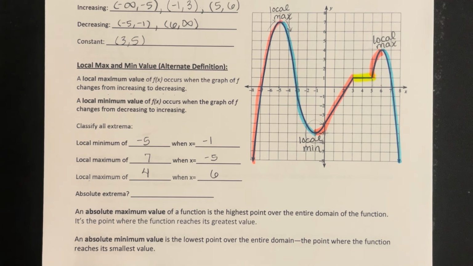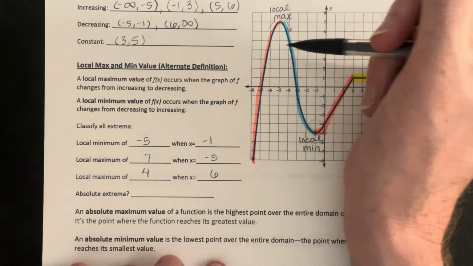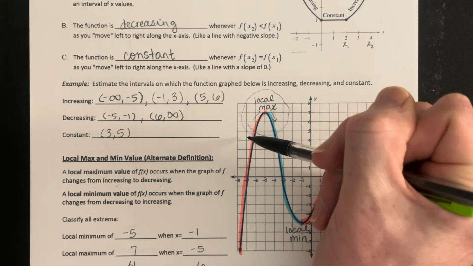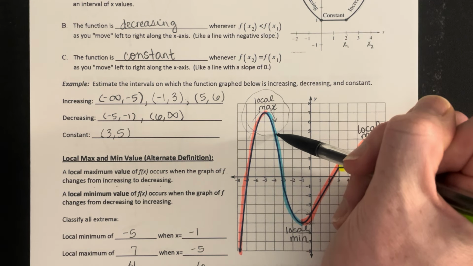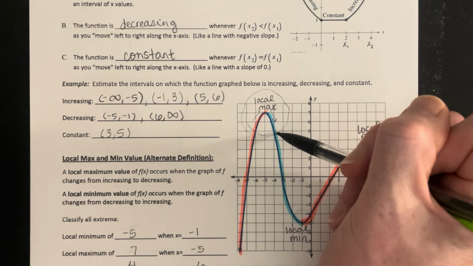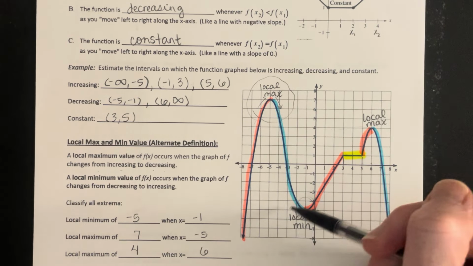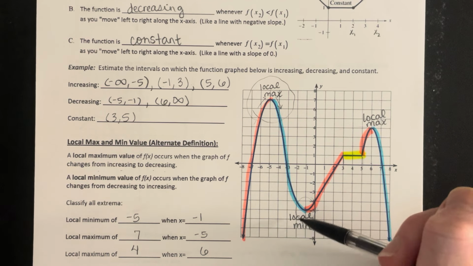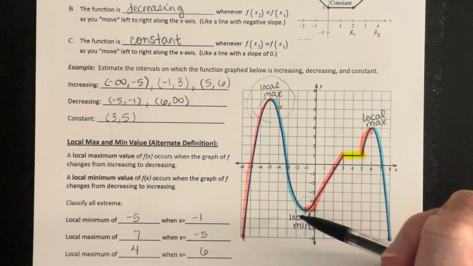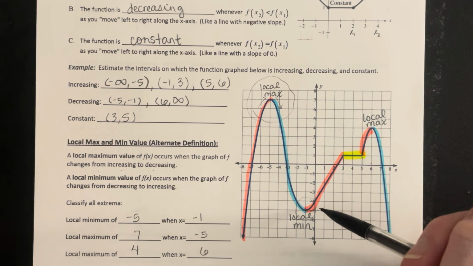What that local part is saying is if I zoom in on a section of the graph, so say I zoomed in only on this section here, I can see it change from increase to decrease, and it is producing a maximum value. Same way with here, if I zoom in on the local min, in this localized area, that is the lowest point in that area.